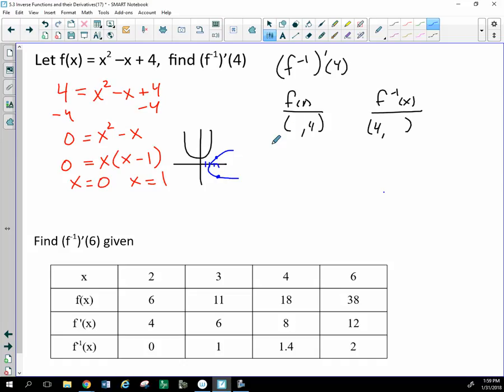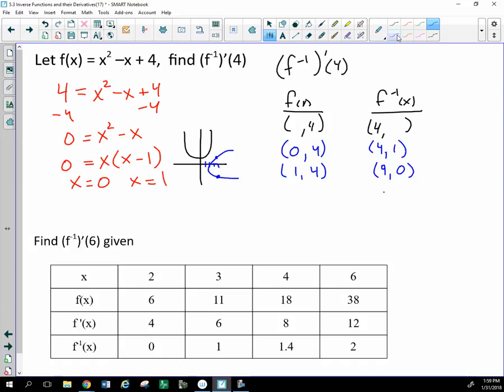In this case, we're going to have the points 0, 4 and 1, 4. And just because the inverse is not a function doesn't mean we can't do this. One should look like a positive slope, and one should look like a negative slope.